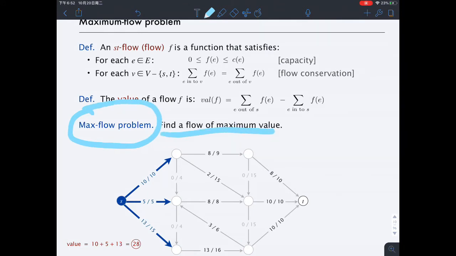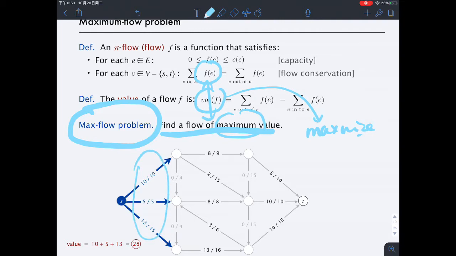After we define everything, we can try to understand the max flow problem. The max flow problem is just to find a flow, which is the function f, such that the value of f is maximized. This is exactly what we want to do here.